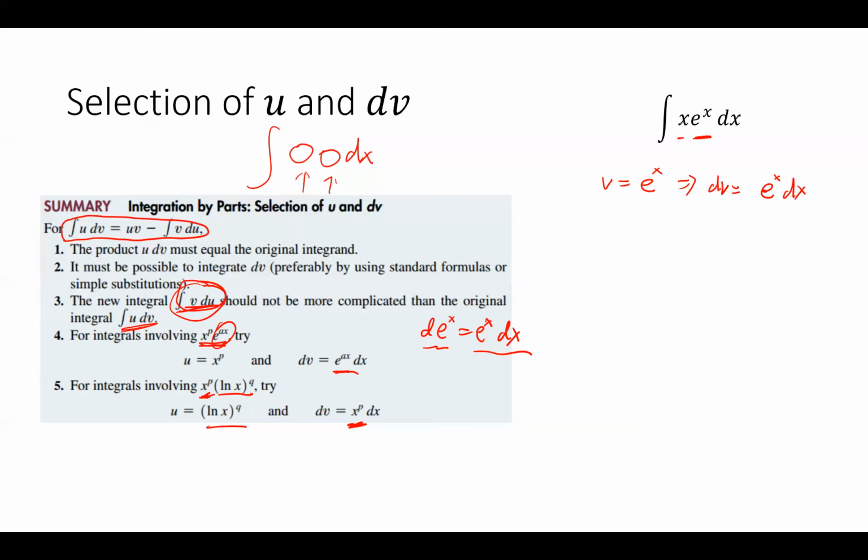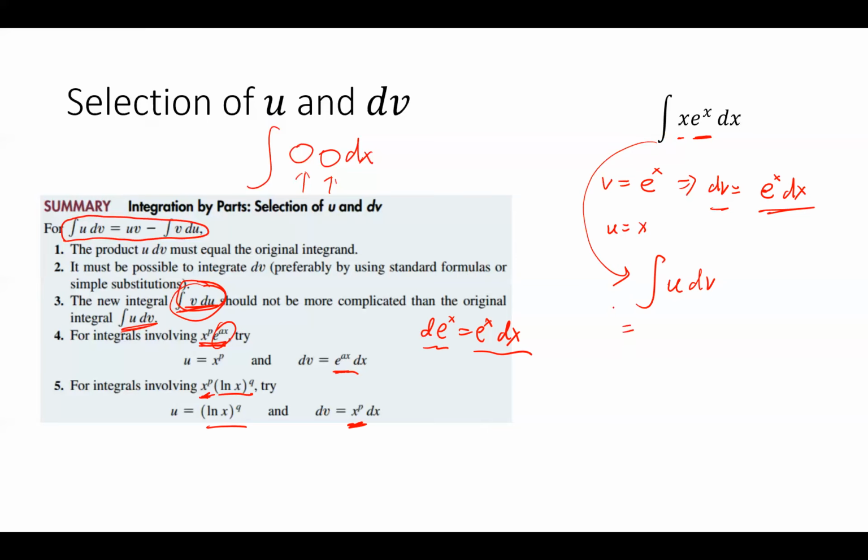Now, naturally, u will be x. So the original expression can be expressed as the integral of u and just dv, exactly because this portion is equal to dv.